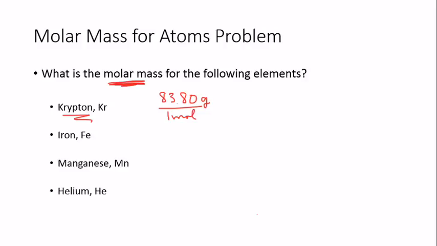So let's look at iron. The decimal number for iron is 55.85. So 55.85 grams of Fe for 1 mole of Fe atoms.